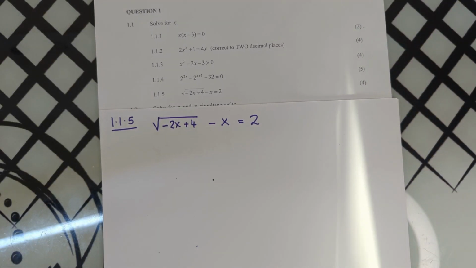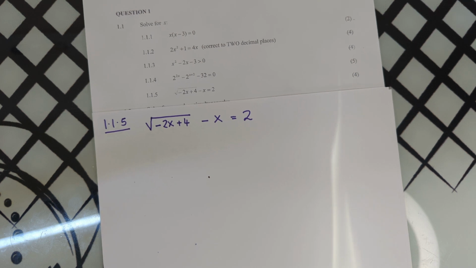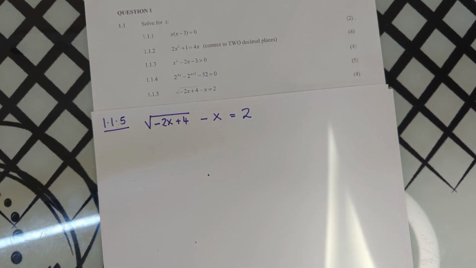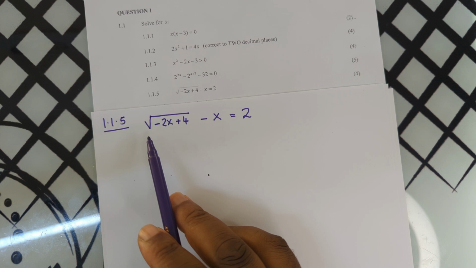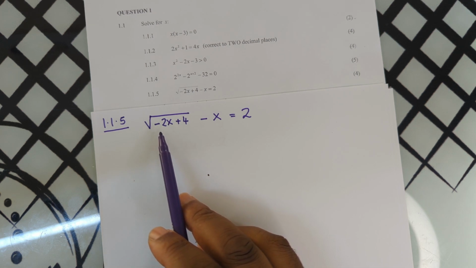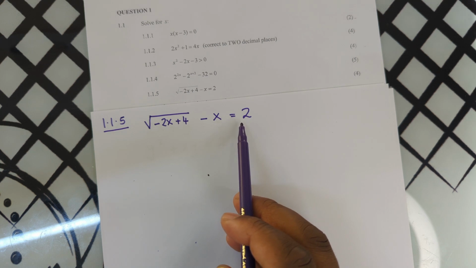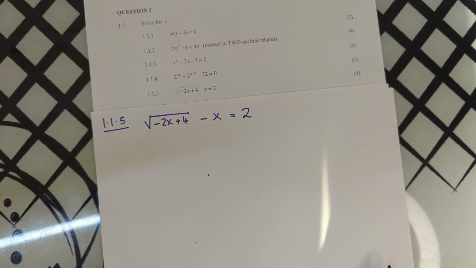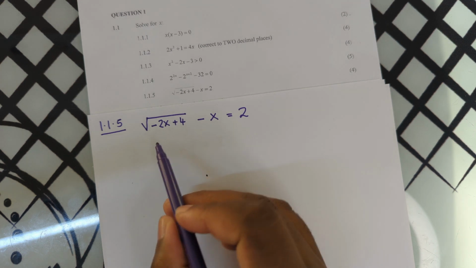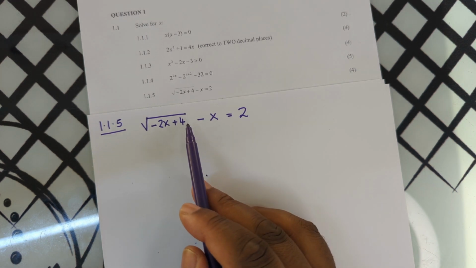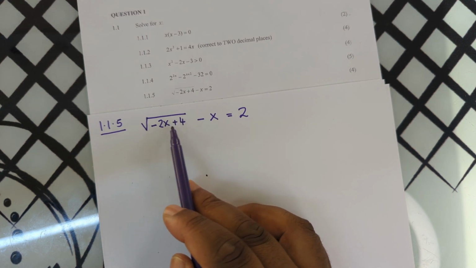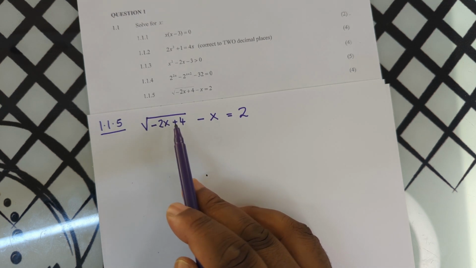Now let's move on to question 1.1.5. In this case, we are given a radical equation, the square root of -2x plus 4 minus x being equal to 2, and they want us to solve for x. So the first thing that we do is to separate and isolate the radical and keep it on one side.